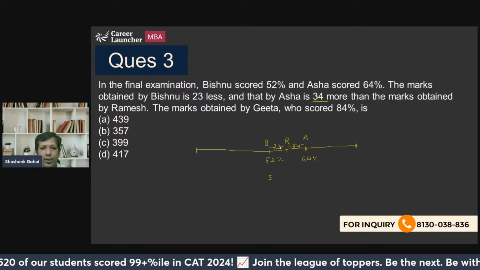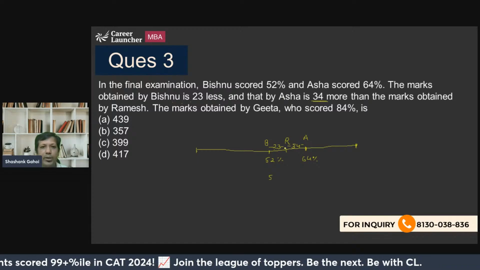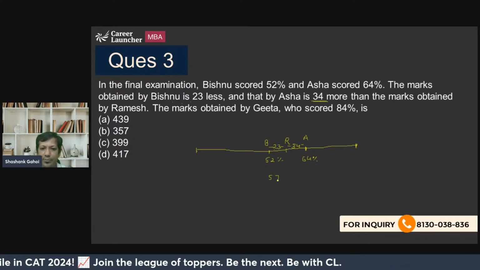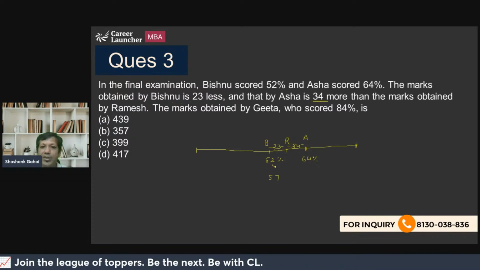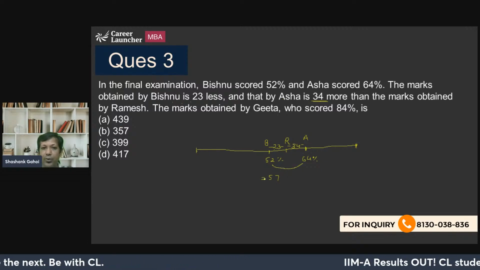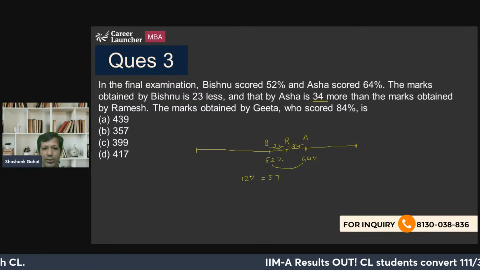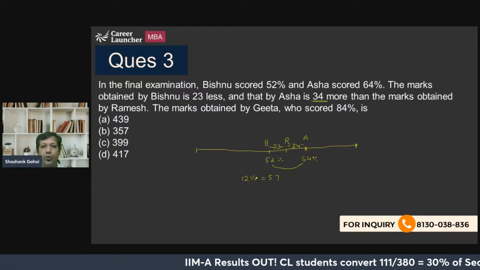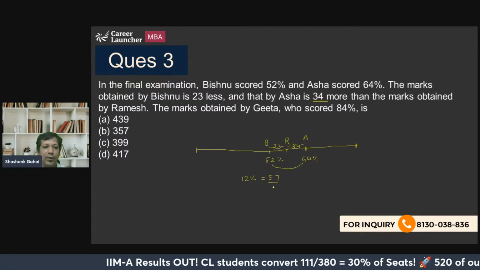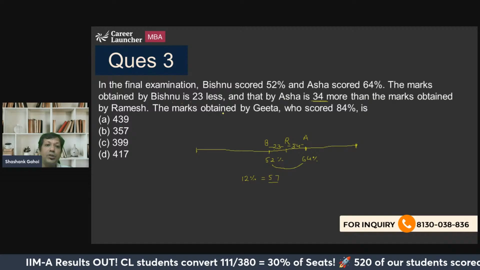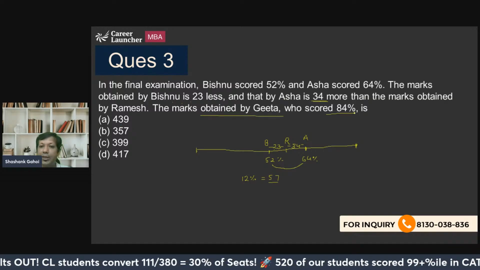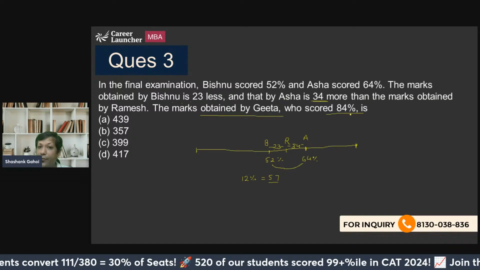That is going to be 23 plus 34, okay, 57. Now 57 is what? This difference of 57 is equal to 12% of the total marks. Okay, so 12% of marks is 57. Now the question is saying the marks obtained by Geeta, who scored 84%.